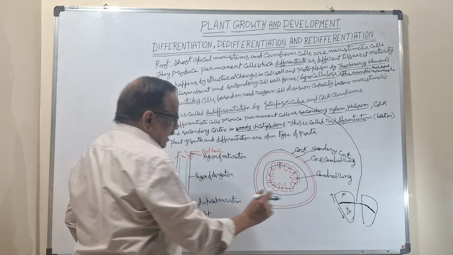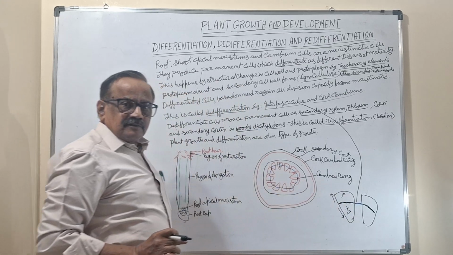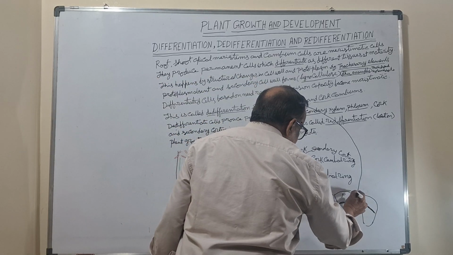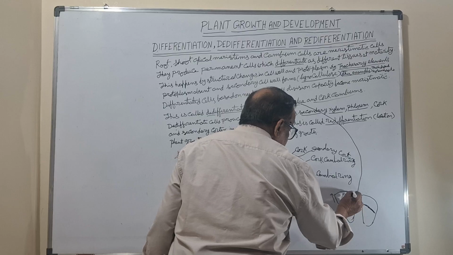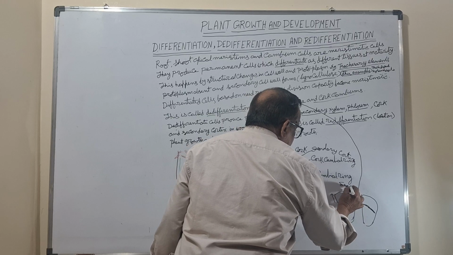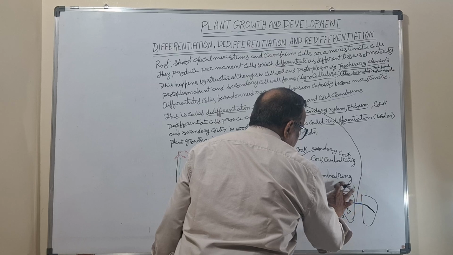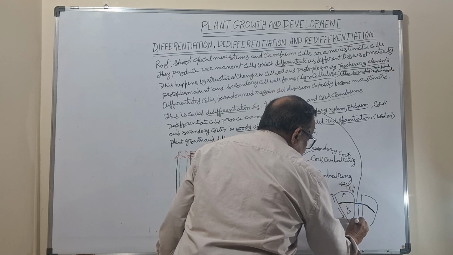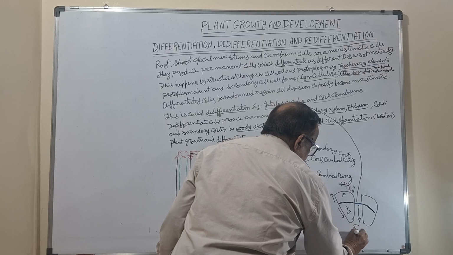In dedifferentiation, it gains the capacity of cell division. In redifferentiation, it produces secondary xylem and secondary phloem towards this side, and towards this side secondary xylem.